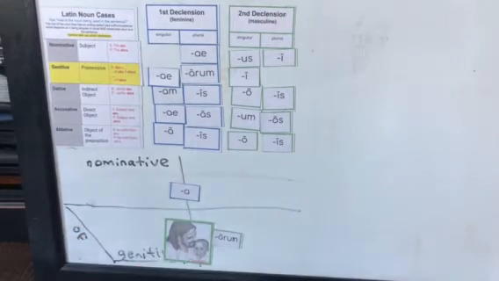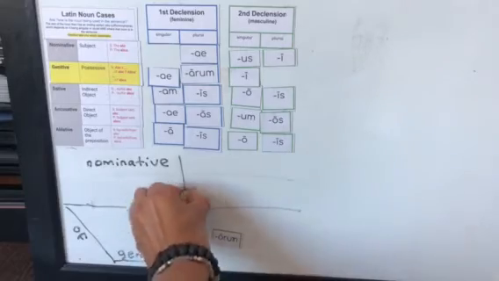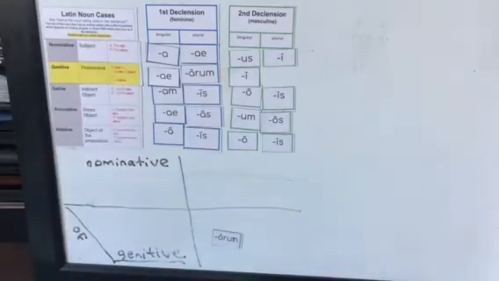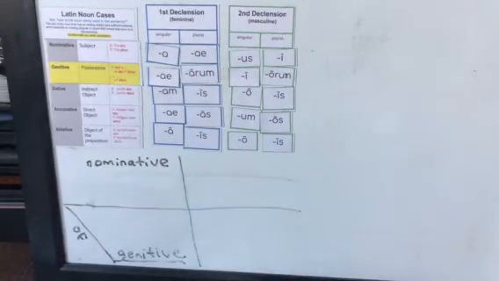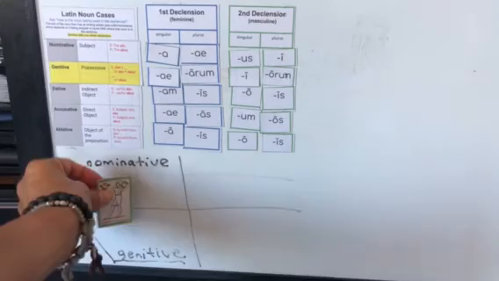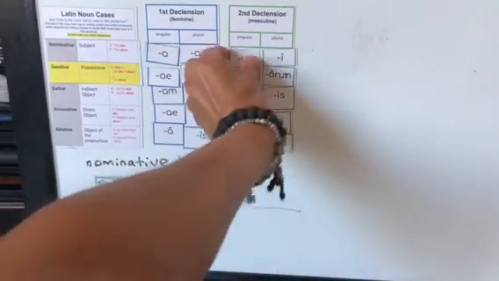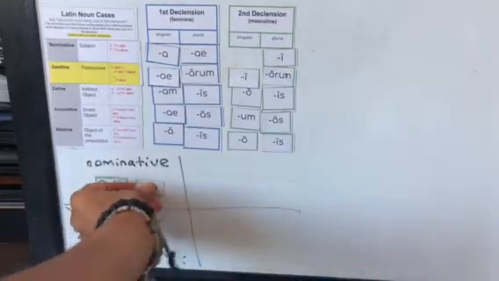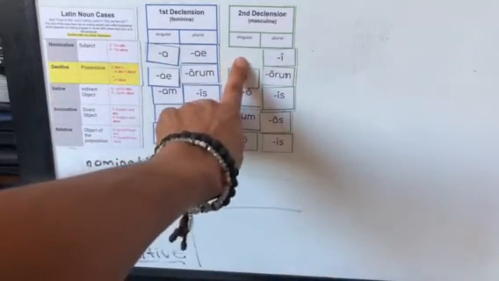Okay? Number 8 is servus Dei. Servus Dei. So your subject, you have that us ending. It's going to be nominative, singular, second declension.